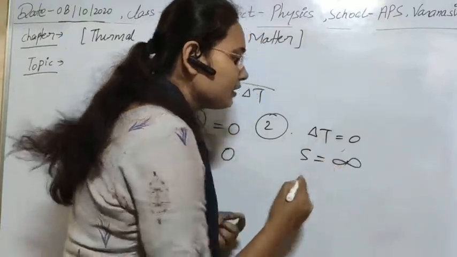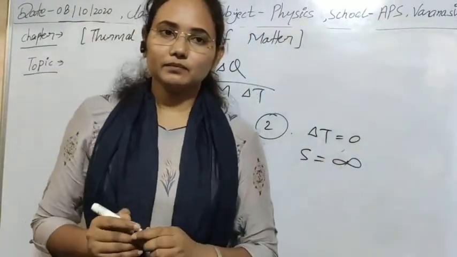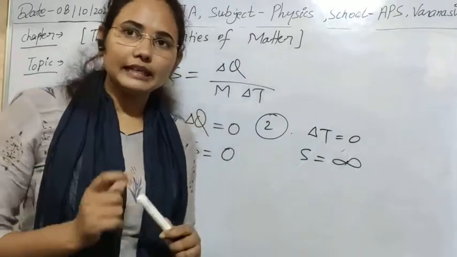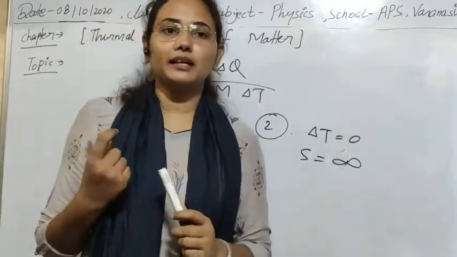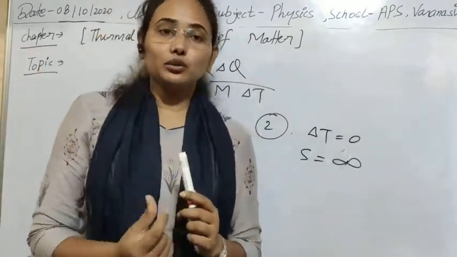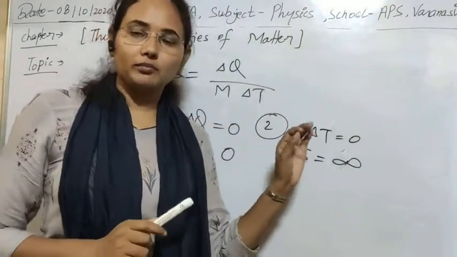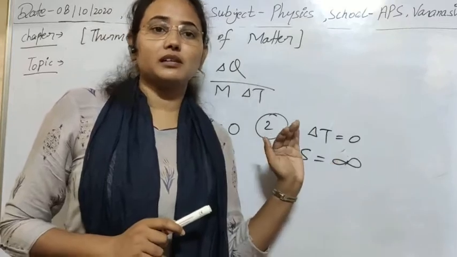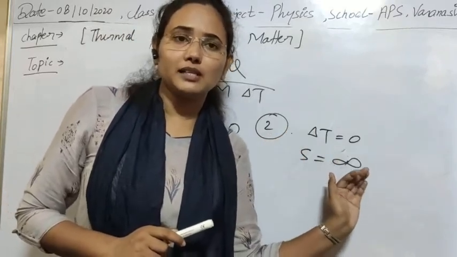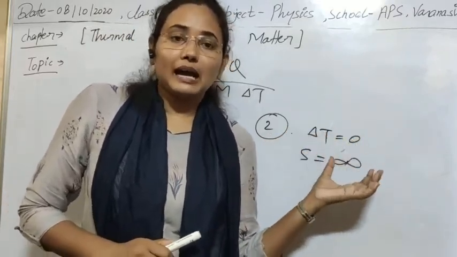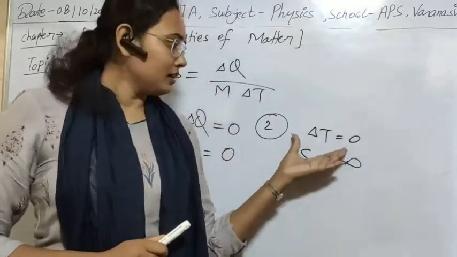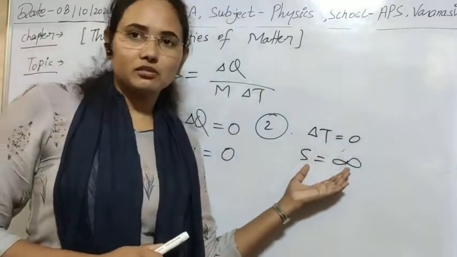That will become infinite. It means all of the heat energy is used to expand the gas, not to raise the temperature. The temperature of the gas stays constant, which is an isothermal condition. So the gas expands isothermally, and the molar specific heat becomes infinite.